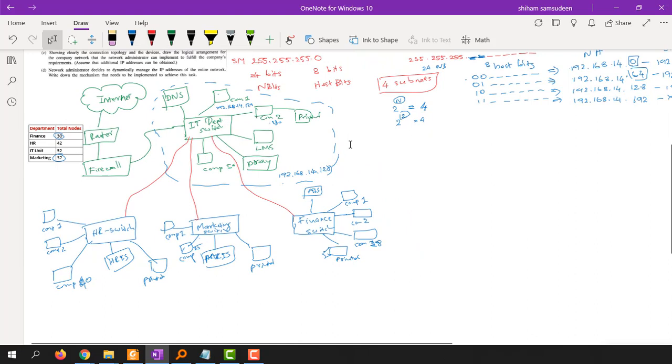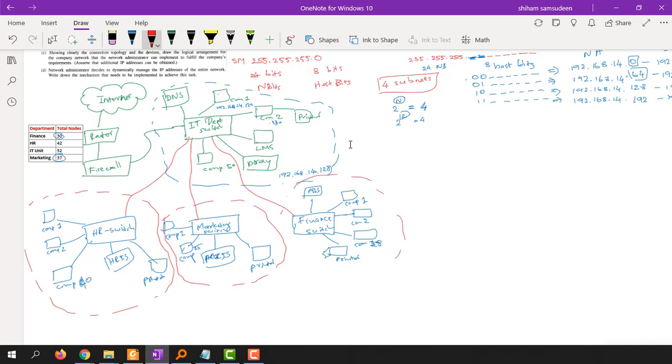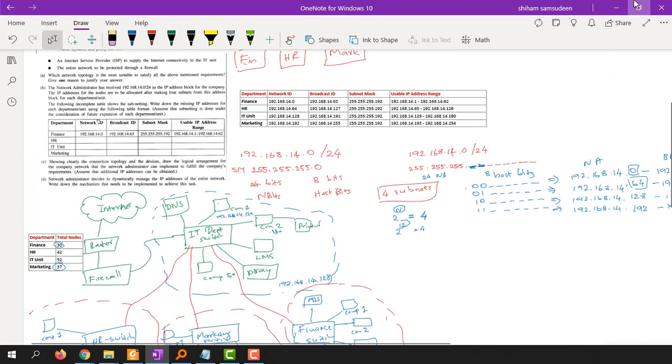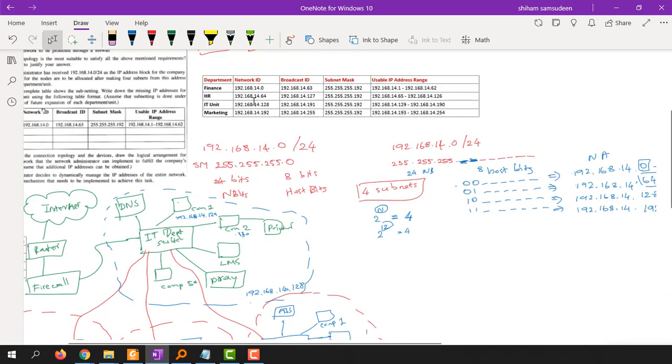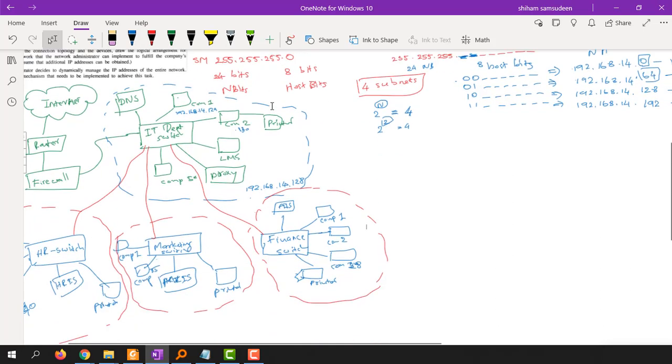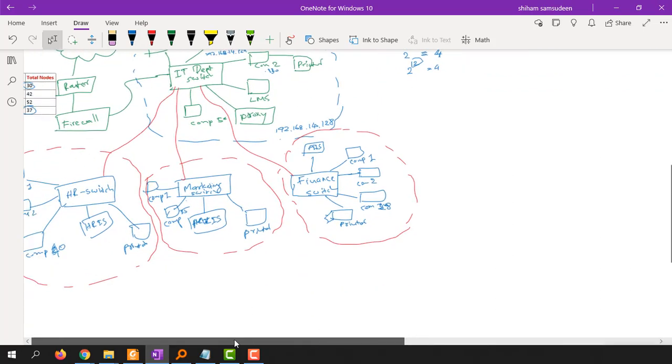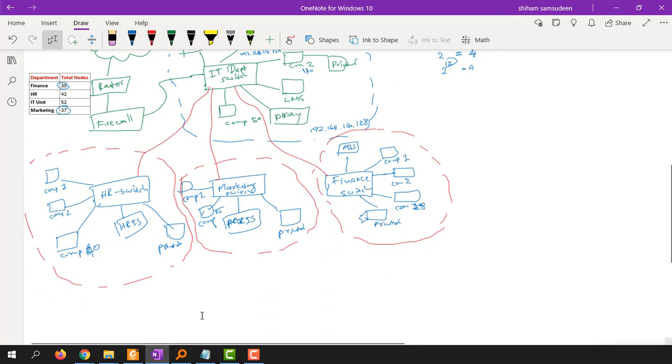right? And one thing is, if you want to make this explicit, you can group these networks, right? So that's a separate LAN, that is a separate LAN, and this is a separate LAN, right? So if you look at this, finance is 14.0, HR is 64, HR is 192.168.14.64.